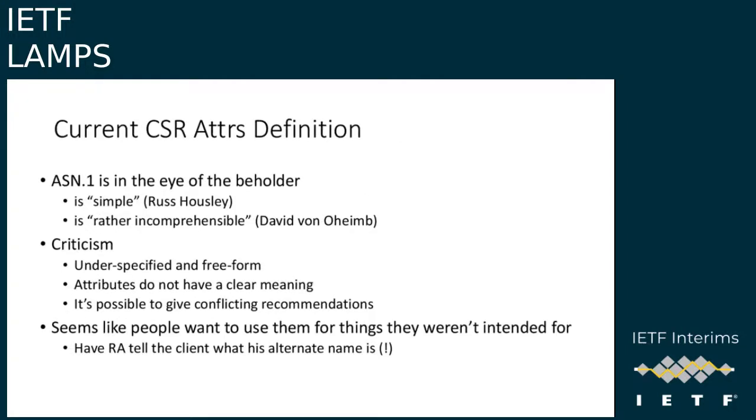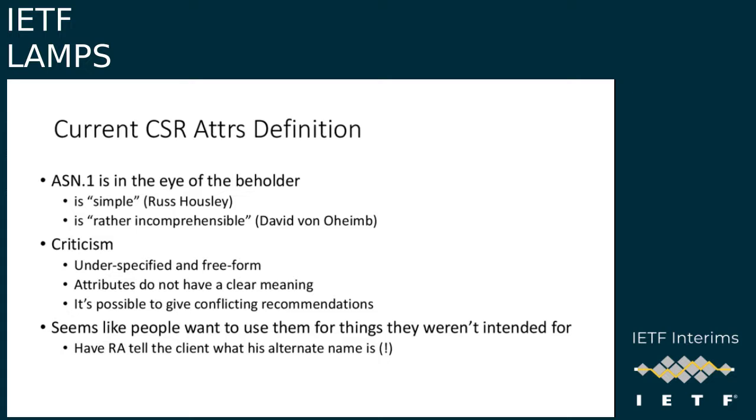That said, there's some debate about what we have and whether it's good enough or we need to change it. I don't like ASN.1, and I don't want to defend the current ASN.1, but it does seem to be somewhere between simple and rather incomprehensible. So I would come down somewhere in the middle of that spectrum in my analysis of this ASN.1.